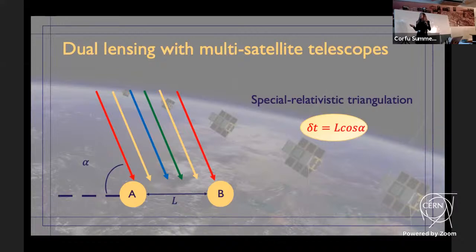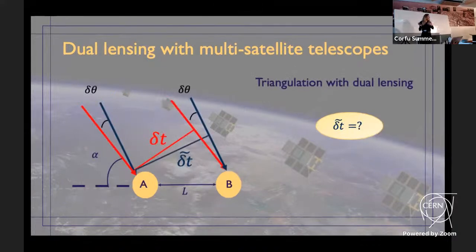In the special relativistic case, we only have one wavefront, so all photons, no matter what their energy is, propagate in the same direction, and the signal travels with a travel time that is just L times the cosine of alpha.